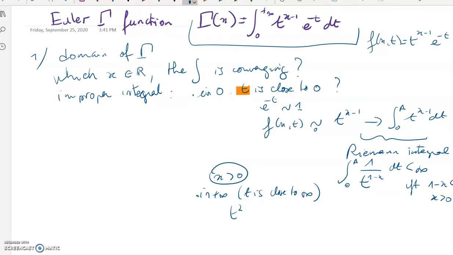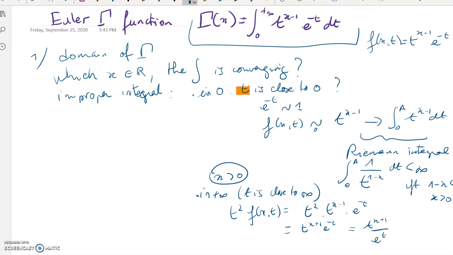If I multiply my f of x,t by t squared, that's t squared times t^(x-1) times e^(-t), which is equal to t^(x+1) e^(-t), the same thing as t^(x+1) over e^t.